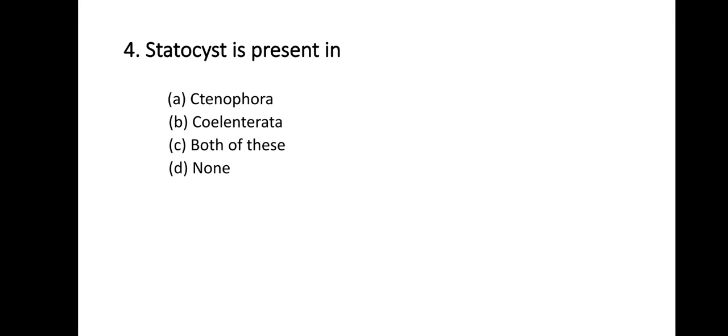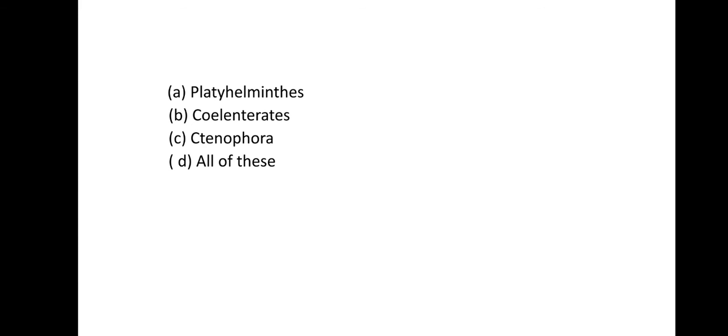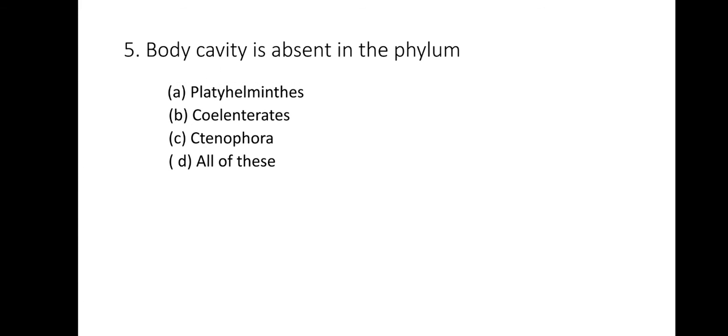The answer is both of these, because medusoid forms of Coelenterata have statocyst which help them in balancing. Body cavity is absent in the phylum Platyhelminthes, Coelenterata, Ctenophora, all of the above. So your answer is all of these, because none of the above members have coelom. They don't have body cavity.